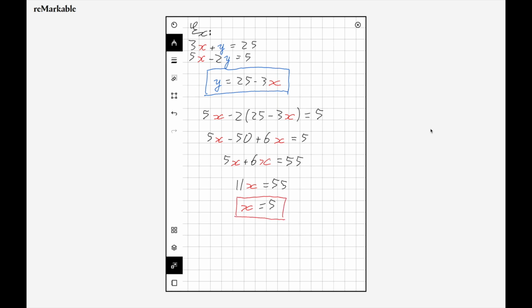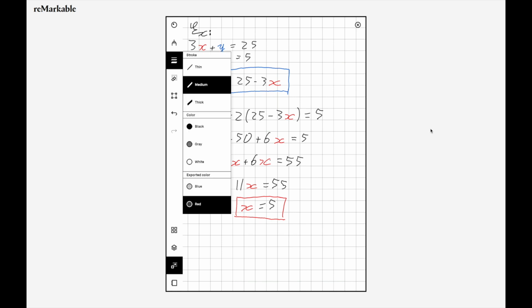Now, again, if x is equal to 5, that means that x and 5 are the same thing. So, the same way we replaced the y in our second equation with 25 minus 3x, we can replace x with 5 in our expression of y in terms of x.